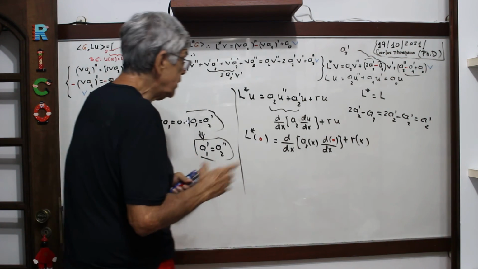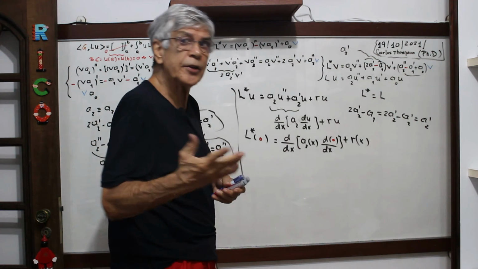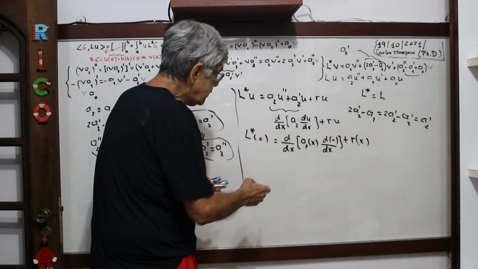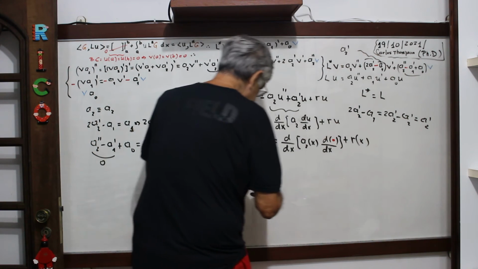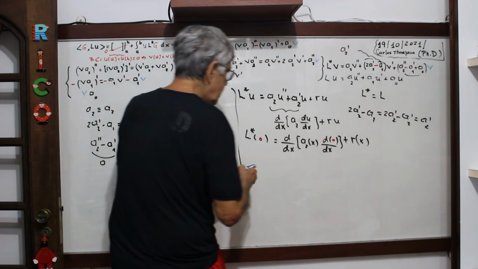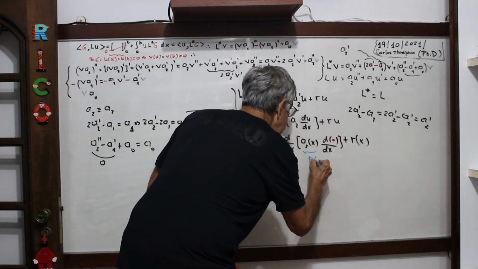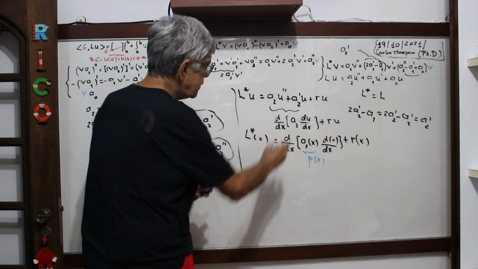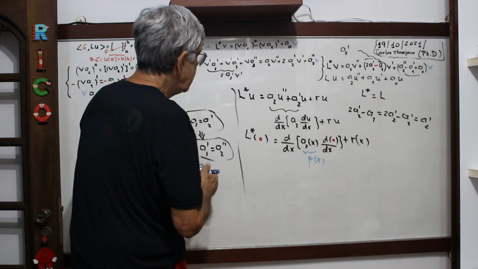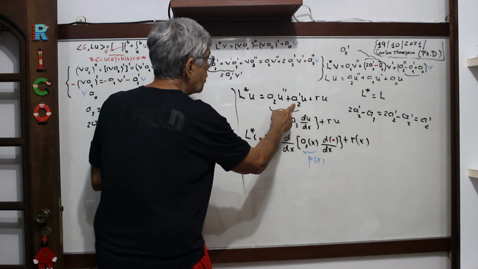In general, in the literature, instead of writing A2 of x, it's common to substitute just a symbol, P of x. This appears in the literature, and this will be P prime.